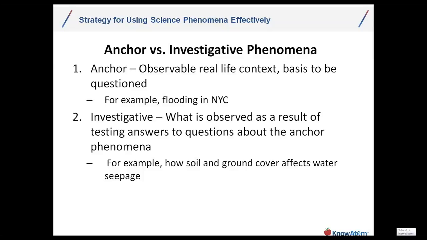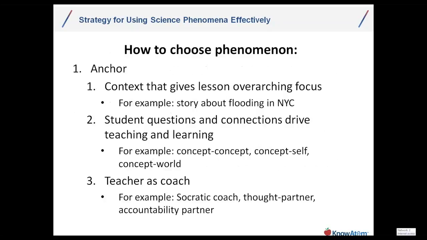If you think about the anchor phenomena being the flooding in New York City, an example of investigative phenomena related to that would be how soil and ground cover affects water seepage, right? Because that is an element that affects flooding, and it may be a part of answering the question of why flooding is occurring, or solving the problem of alleviating the flooding.